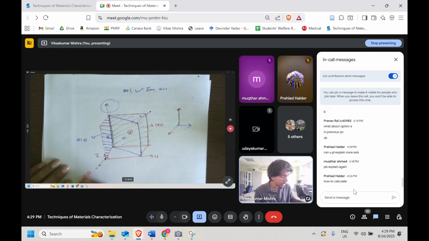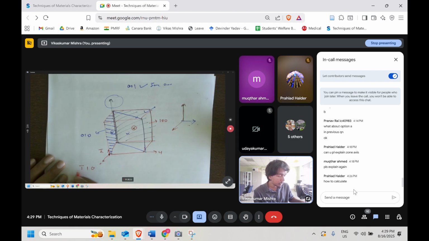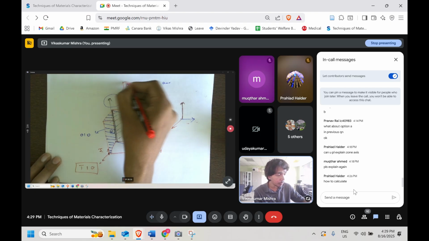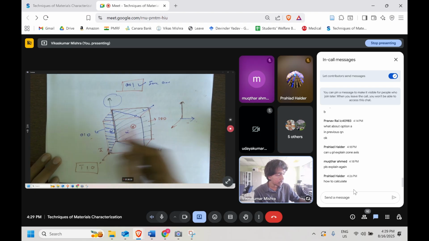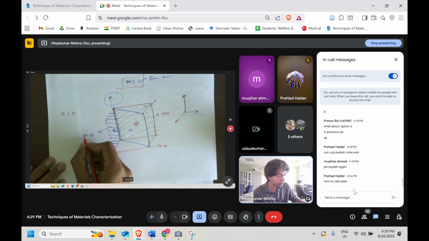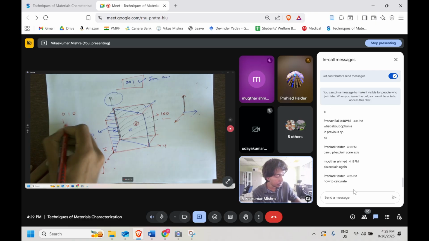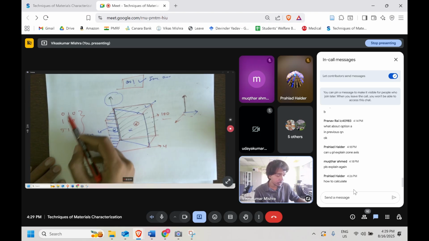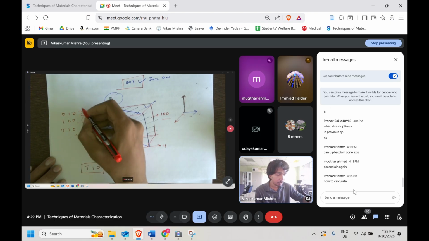To the y, it's intersecting at 1. To the x, it's intersecting at 1 bar. So this is a plane. So the zone axis is the common axis between all these planes. Now if you do the cross product of this particular plane, or this plane, 1 bar, 1 0, the cross product of any two of them will result in this.